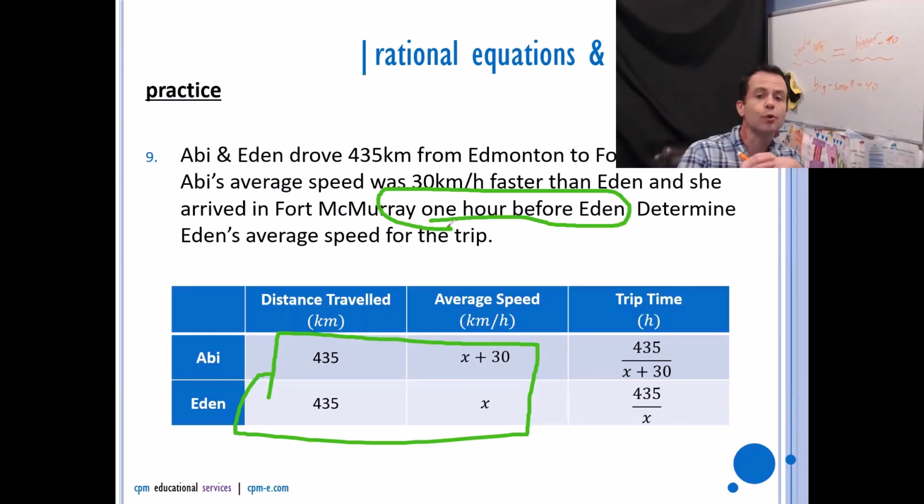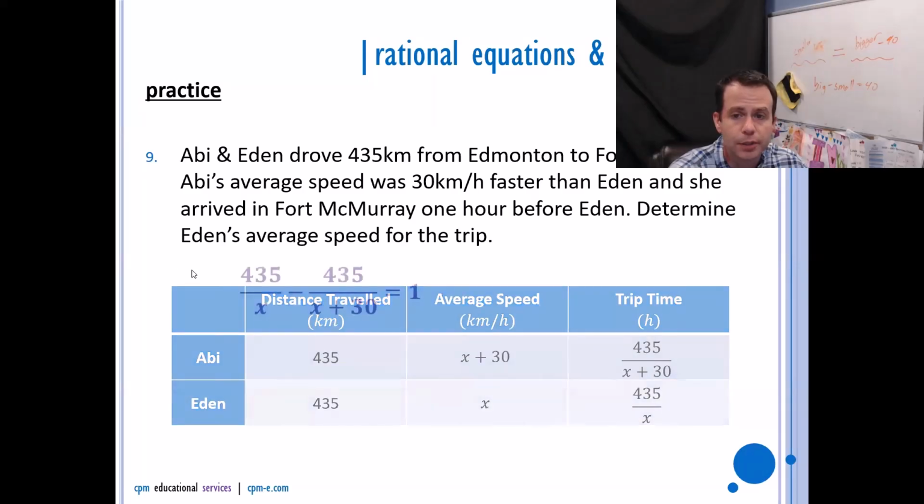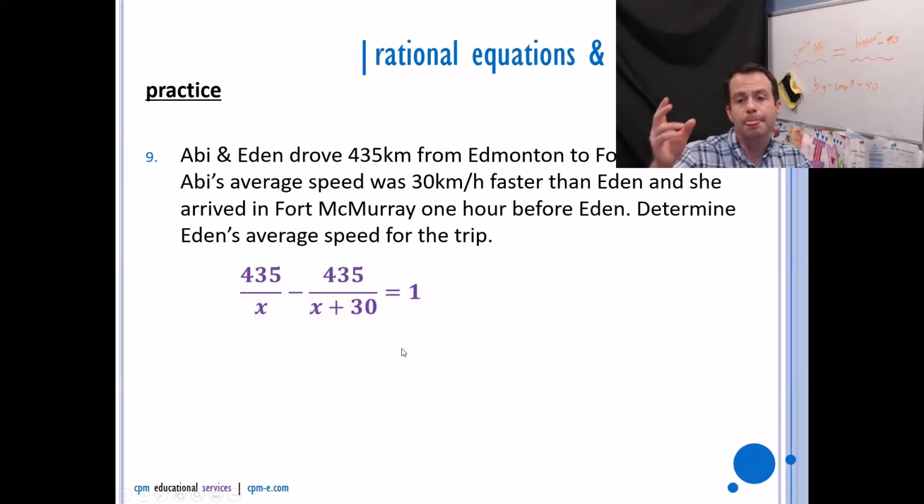So you could go Eden minus Abby equals 1. You could go Abby plus 1 equals Eden, or you could go Eden minus 1 equals Abby. All of those would work, okay? I chose to go the bigger minus the smaller equals 1. So Eden minus Abby equals 1.